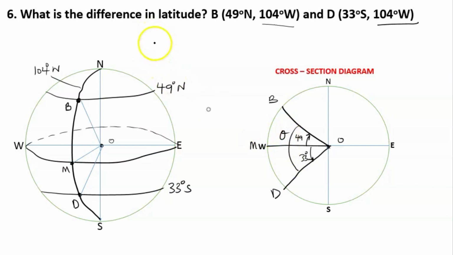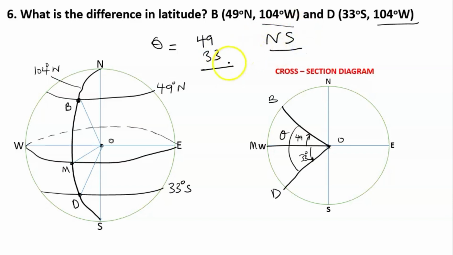So how do we get theta now? We have 49 degrees north and 33 degrees south. So we are seeing different directions. When it's different direction, we add it together. So we are going to do 49 added to 33 because the direction is not the same. We can see north and we can see south.